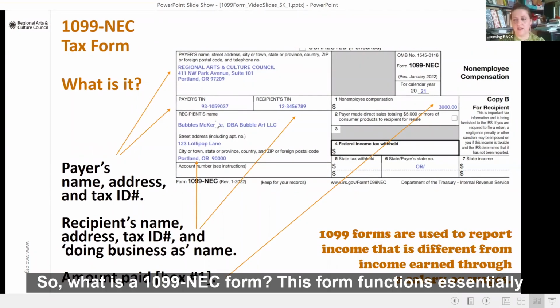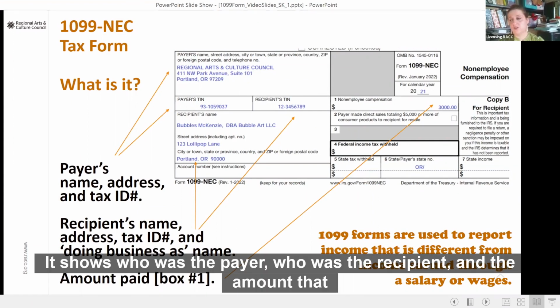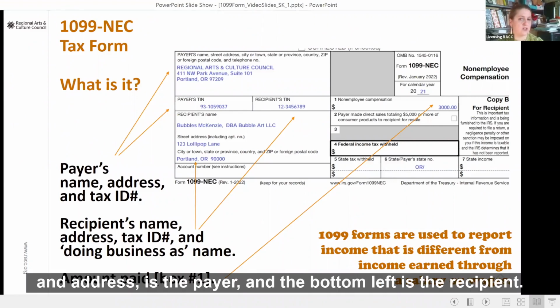So what is a 1099 NEC form? This form functions essentially like a receipt. It shows who was the payer, who was the recipient, and the amount that was paid. So as you can see on this sample form, at the top left, the Regional Arts and Culture Council name and address is the payer, and the bottom left is the recipient.